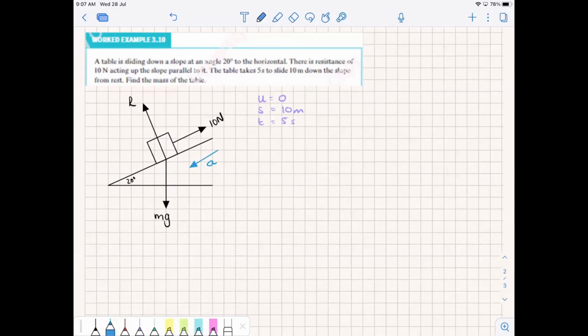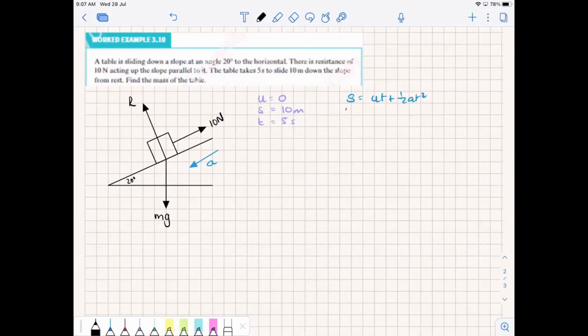Right, so we have 3 pieces of information, and we know that for constant acceleration, again, we're making the assumption that this thing is accelerating at a constant rate, that's the formula that we'll be using, because it's the one that allows us to solve in one step. And here we just plug the information that we have in and solve for the acceleration.